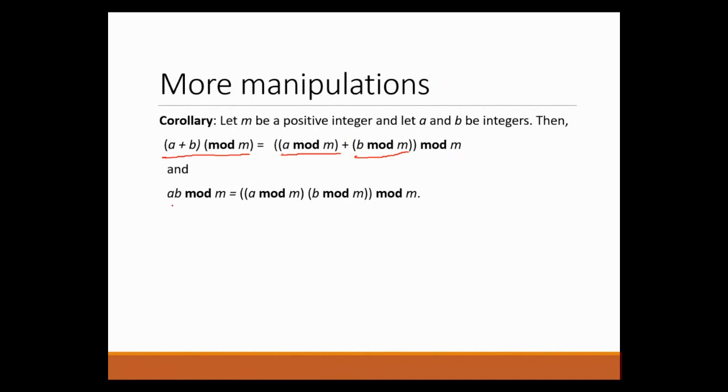Another part of this corollary is that a times b mod m is equal to a mod m times b mod m, and this entire thing is taken mod m. We consider this to be an entity, and this will be mod m.